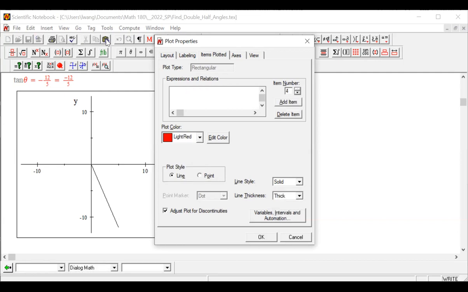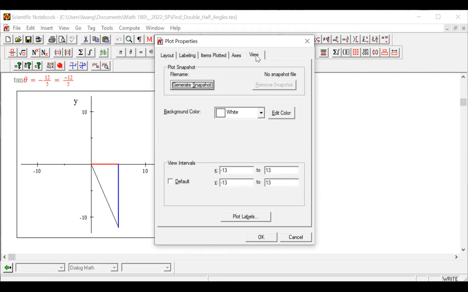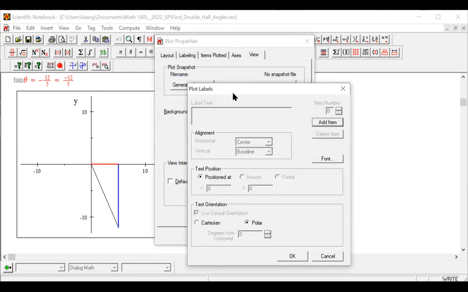And the blue is (5, 0) to (5, -12). So that's going to be the blue. There you go, and we can mark the numbers.